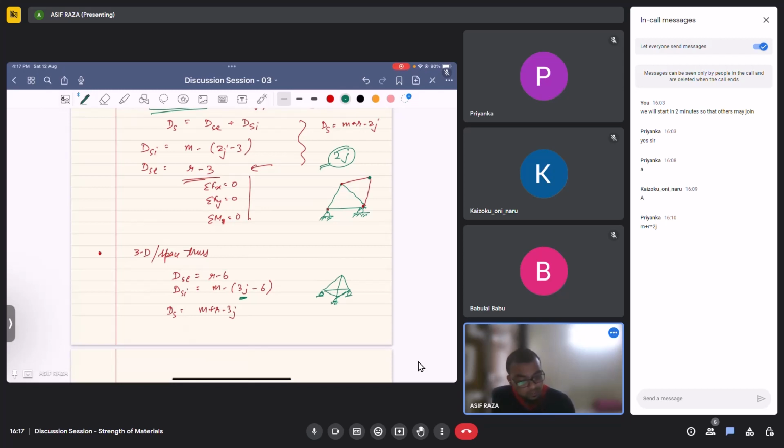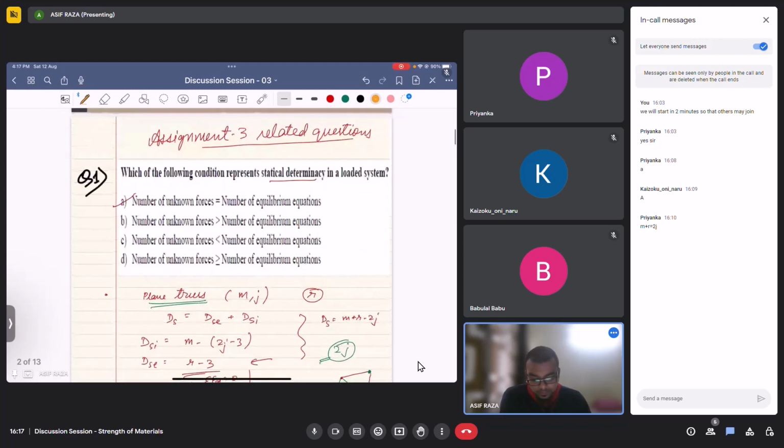If we increase one joint, it would be accompanied by the addition of 1, 2, 3 members, right? So each joint is accompanied by 3 members. That's why here it's 3J, to make the structure statically determinate.